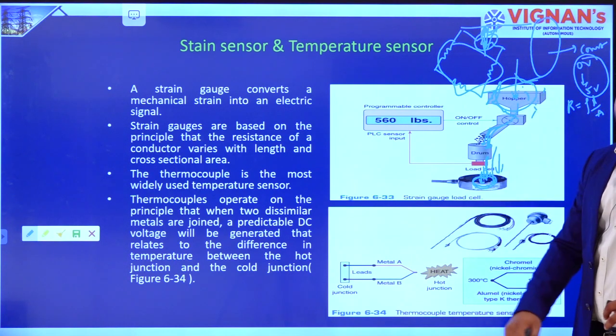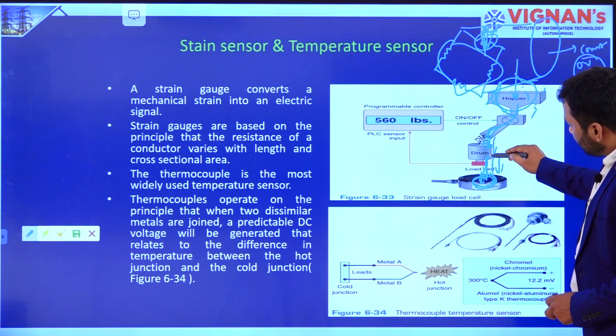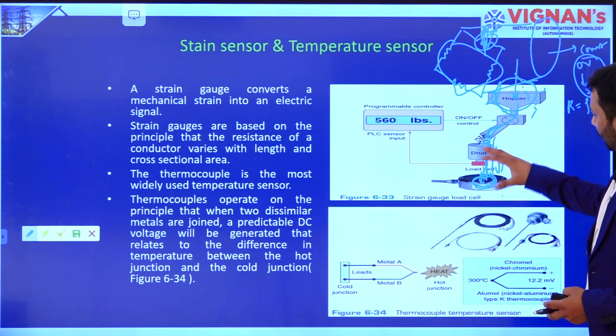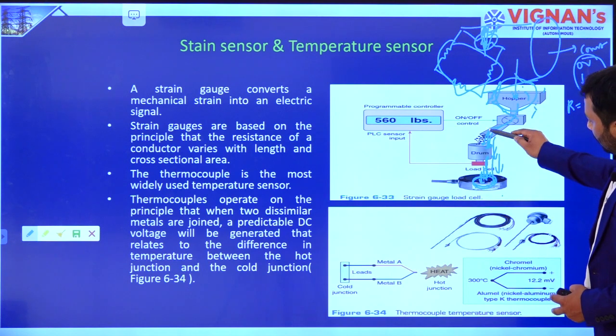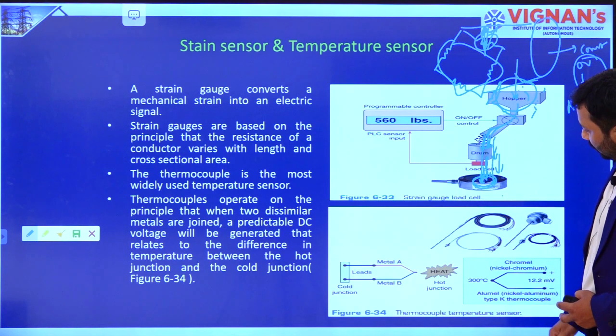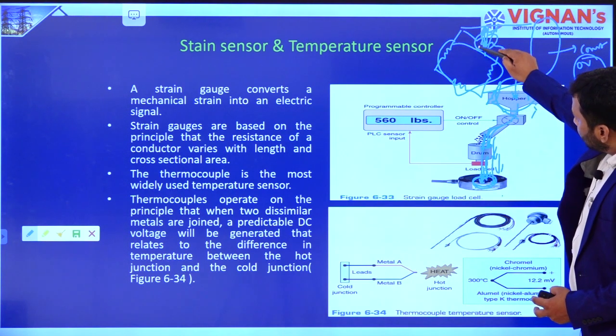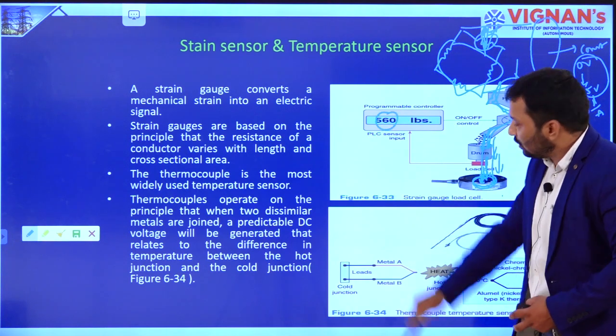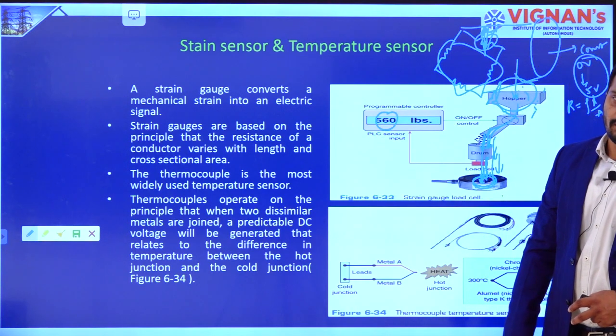By measuring this output voltage, you can say how much material has been placed. Simply by looking at this figure, if there is no material in this drum, there is no load acting on this load cell, and internally there is no change in resistance. That is the reason it reads 0 lbs.